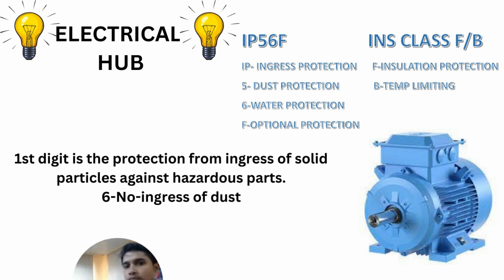hazardous to the equipment. It is categorized from 0 to 6. So, 6 means it is completely sealed mechanically so that not even a minute dust particle can enter into the equipment.